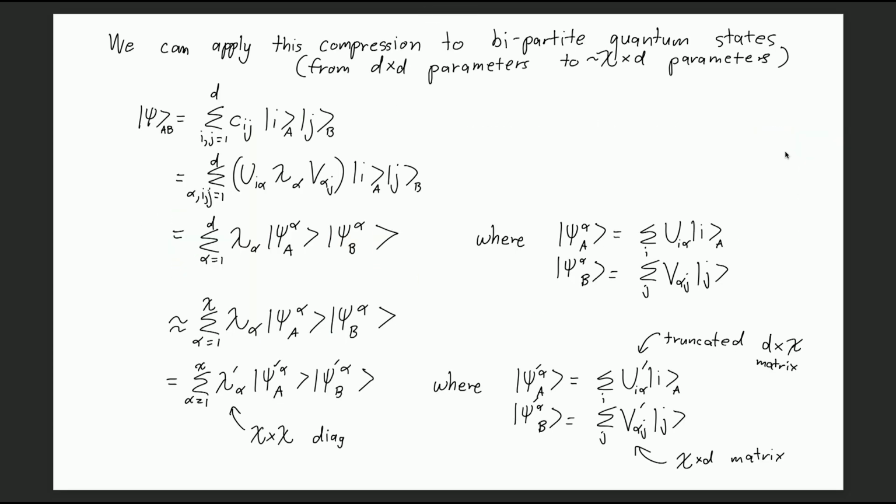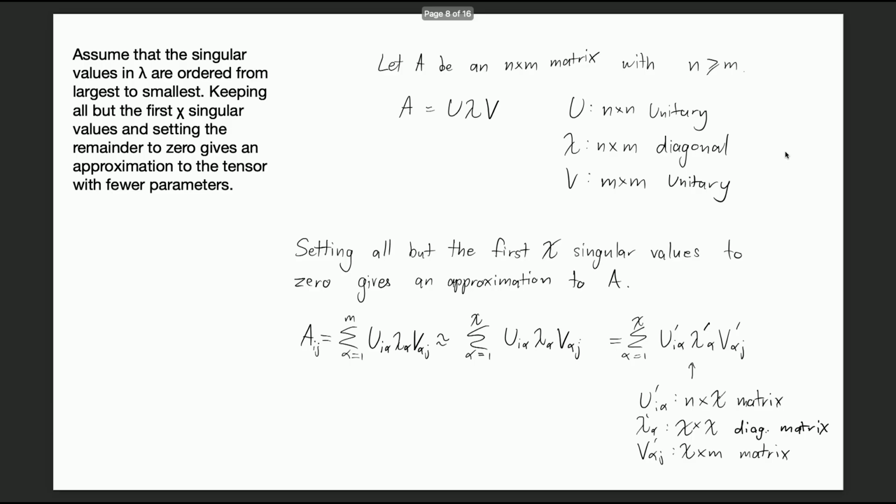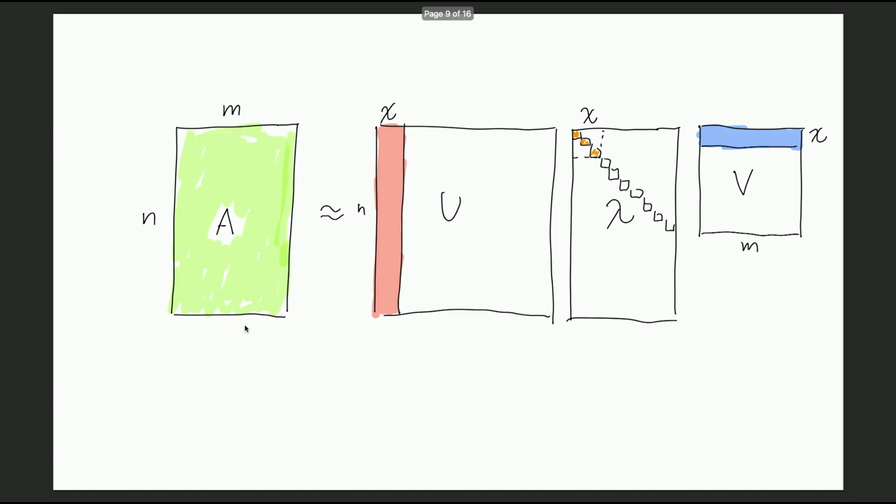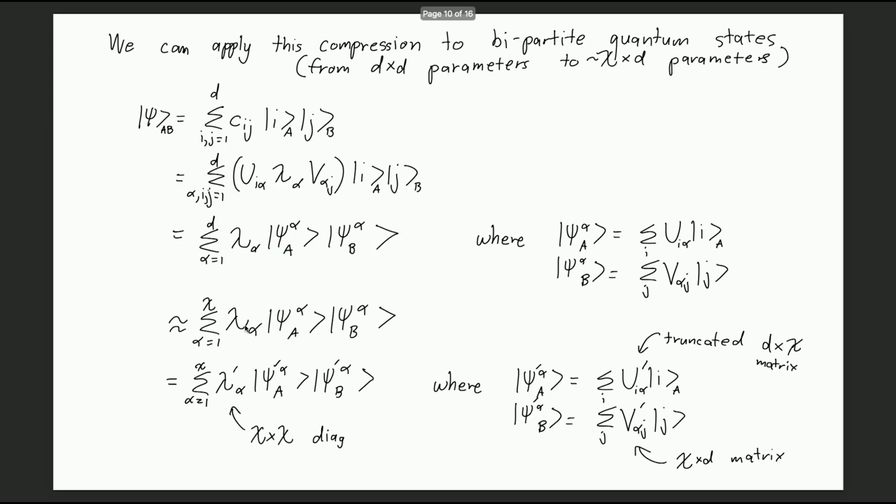This is a very useful thing. Lots of types of data can be represented as matrices. You can imagine an image, for example. It's a simple way to do image compression by just truncating singular values. But it's also a natural way to compress bipartite quantum states.